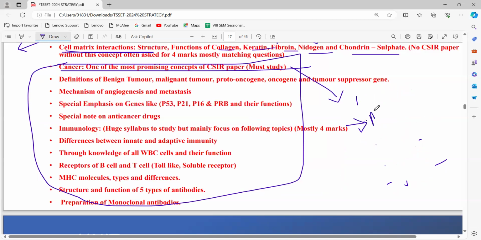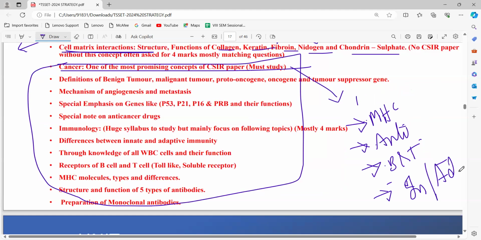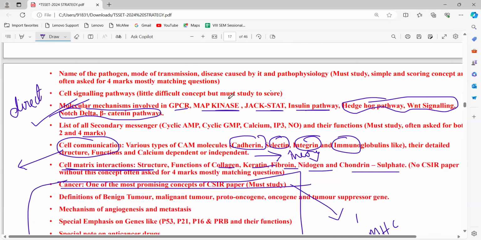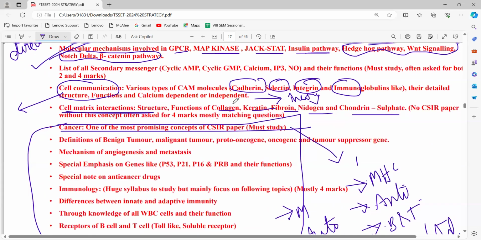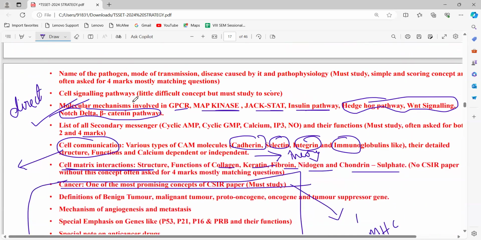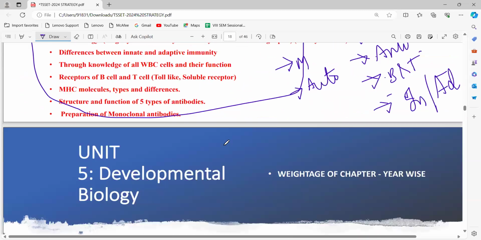For example, MHC molecules, antibodies, B cell development, T cell development, and, very important, the differences between innate immunity and adaptive immunity, monoclonal antibodies, and autoimmune diseases. These are the very important topics where questions were repeatedly asked in the exam. This unit will take a little bit of time, but it's the most important unit. Actually, we are going to start with this unit as the first unit.